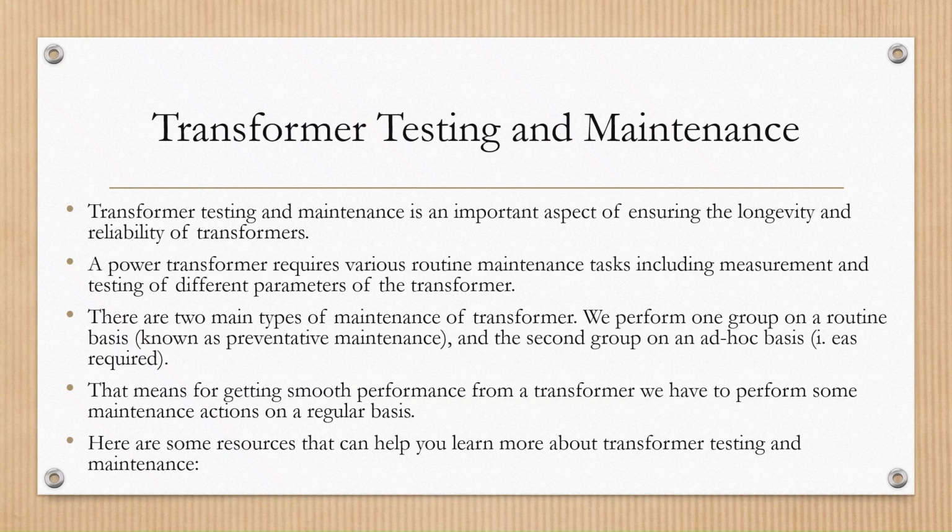We perform one group on a routine basis, known as preventative maintenance, and the second group on an ad hoc basis, i.e. as required. That means for getting smooth performance from a transformer we have to perform some maintenance actions on a regular basis. Here are some resources that can help you learn more about transformer testing and maintenance.